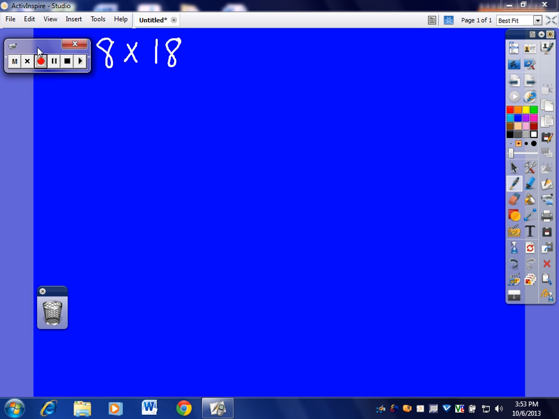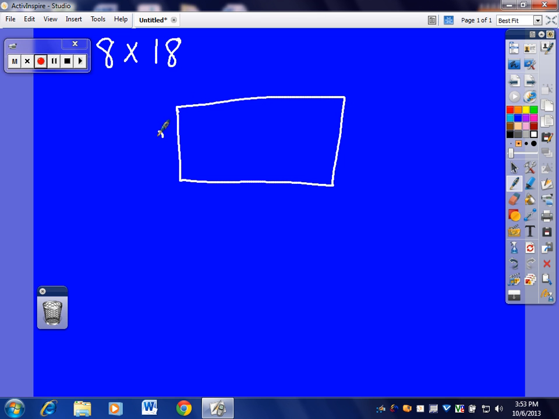Alright, so we're going to use an area model. That means we are going to draw a box here. So we are multiplying 8 times 18. Now, like I said, we're going to split the 18 up into expanded form.